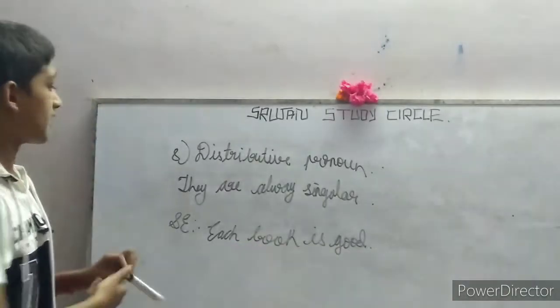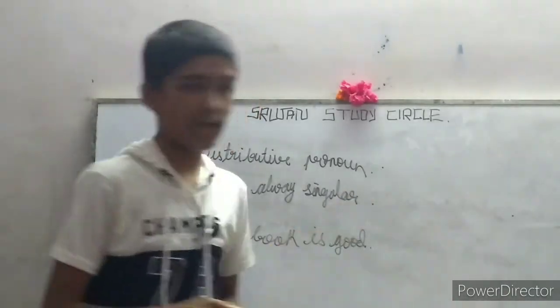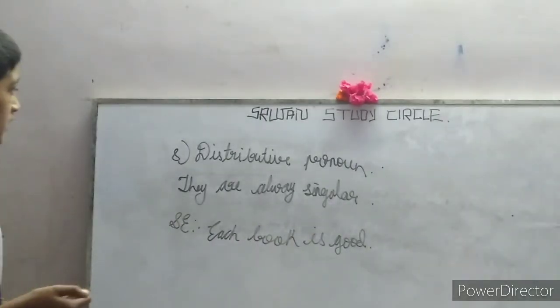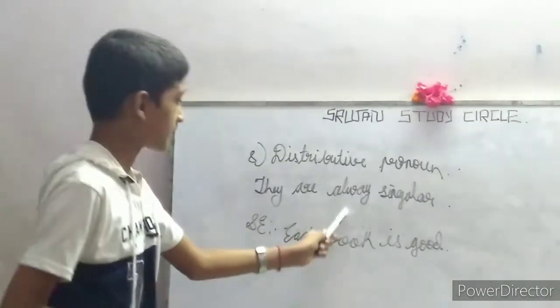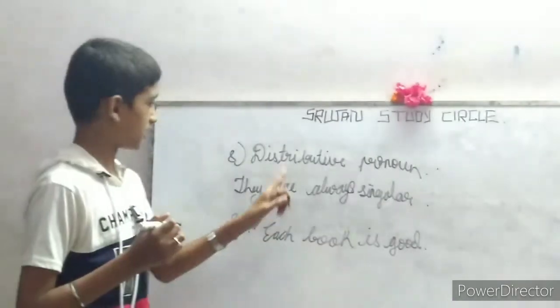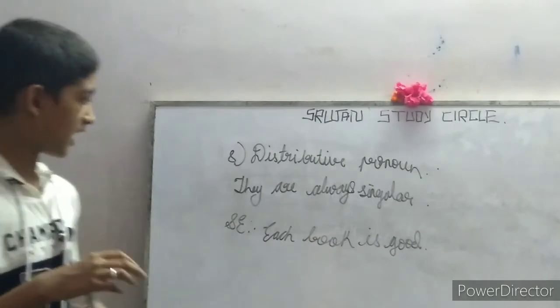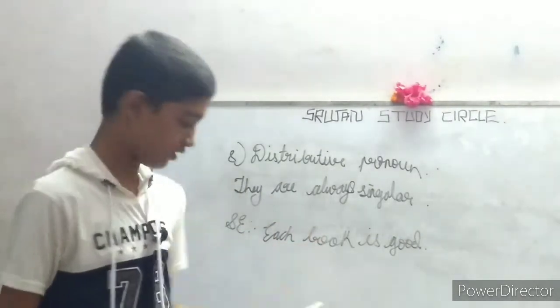All books are good, I would say when there are more, and we are not using a distributive pronoun. Distributive pronouns are always singular. So I am using each as a distributive pronoun. For all books are good, instead of that, I am using each book is good.